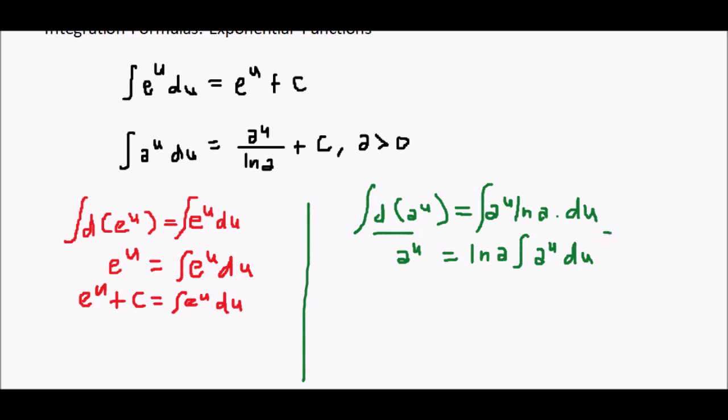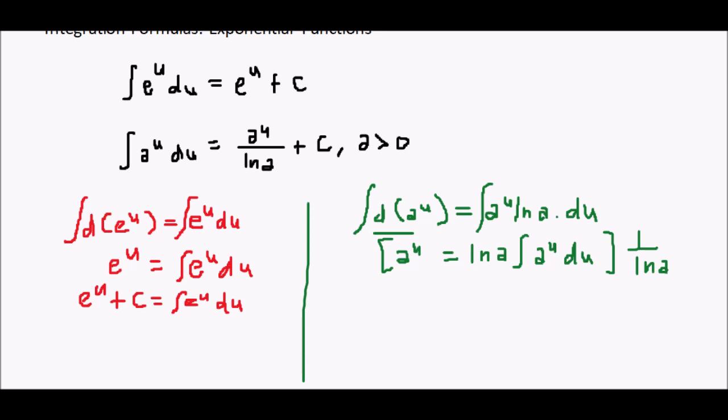By multiplying both sides by 1 over ln a, this ln a here will be cancelled out, and on this side we'll have a denominator of ln a.